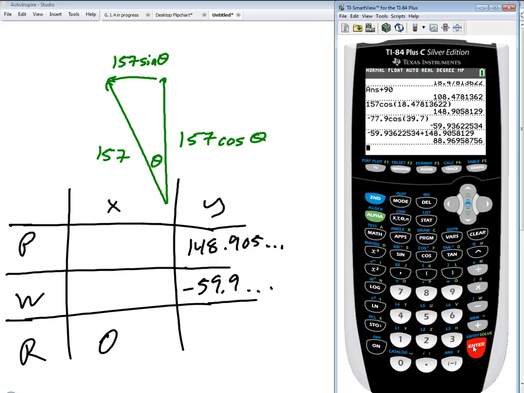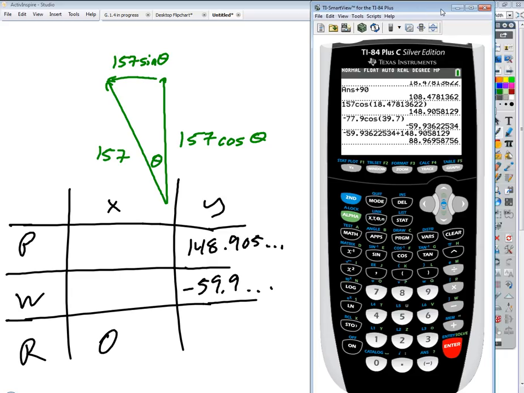So 90.0? No, it can be 3. Yes, it would be, because if the next one rounds up. So our components are 0 in the x direction and positive 89.0 in the y direction.